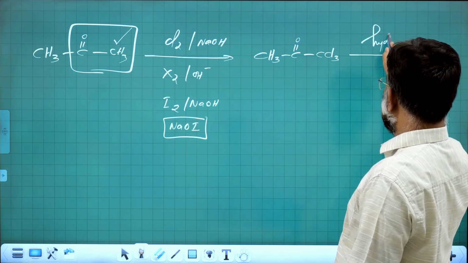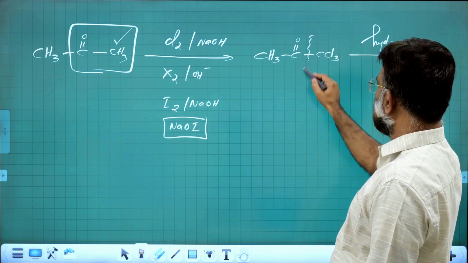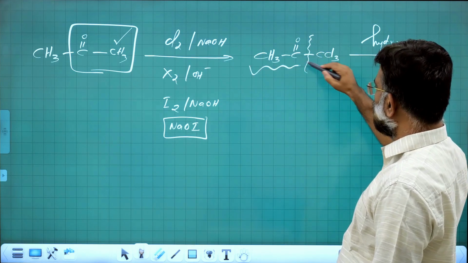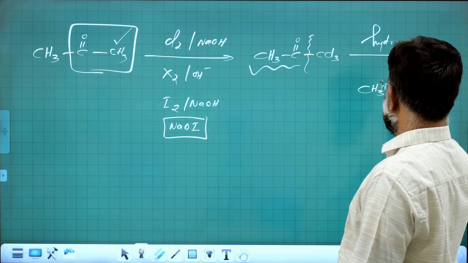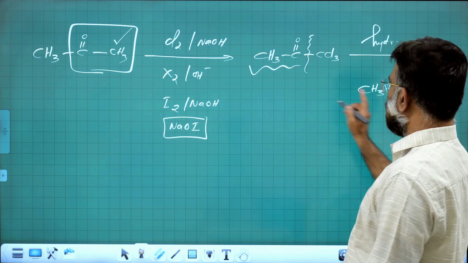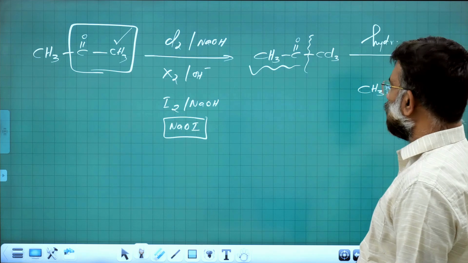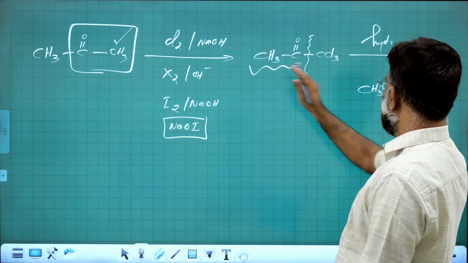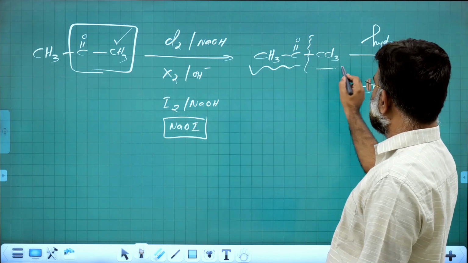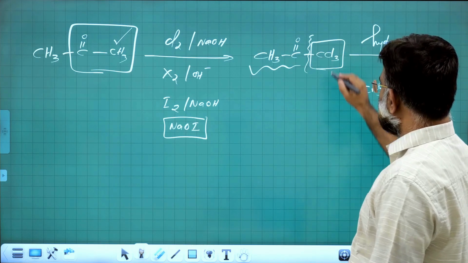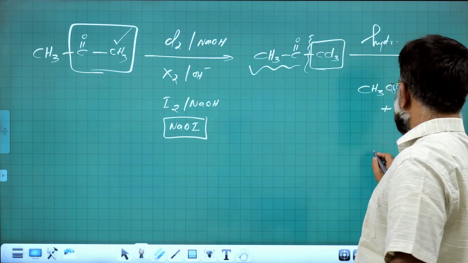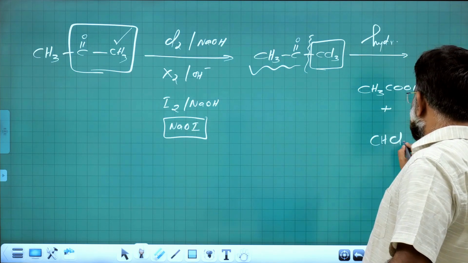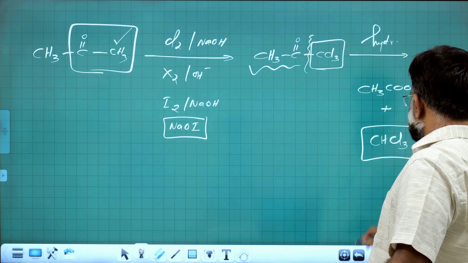And now this is hydrolyzed. Upon hydrolysis, it breaks here, and this part of the molecule is giving an oxidative product. You get CH3COONa, as it is an alkaline solution. You get a salt, and that is the oxidation reaction. And here we have the particular observation. This carbon which was converted to CCl3 is converted to CHCl3, the hero of the show, chloroform.